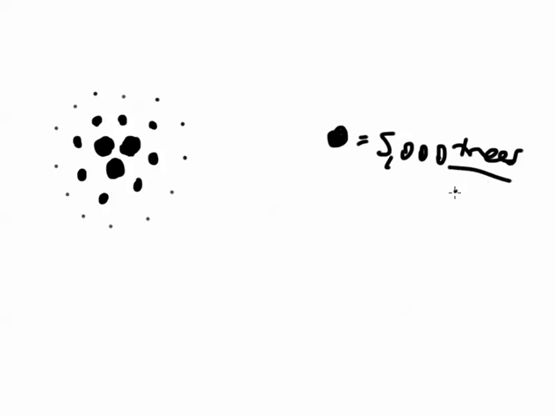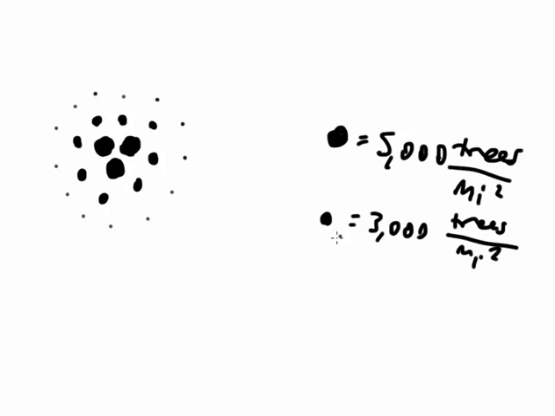And around that, there's an area of even less dense forest. So let's say that this represents 5,000 trees per square mile, and this represents 3,000 trees per square mile, and this represents 1,000.